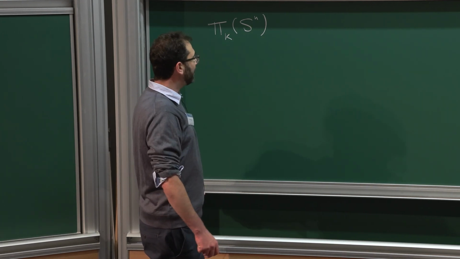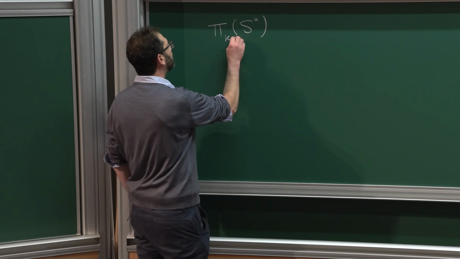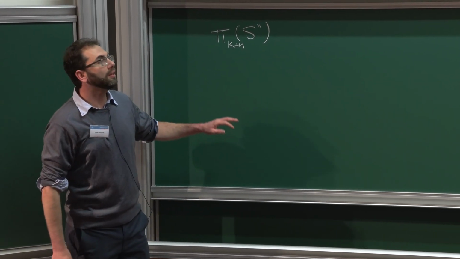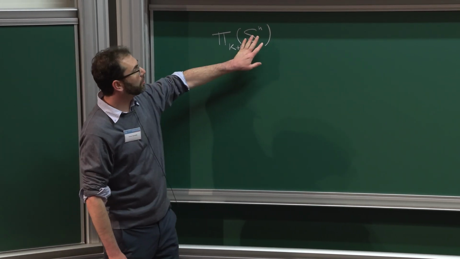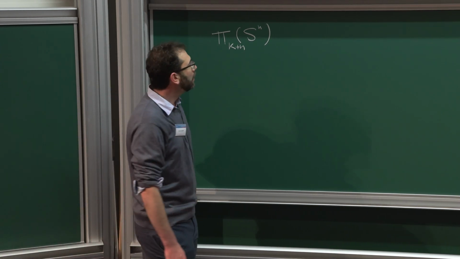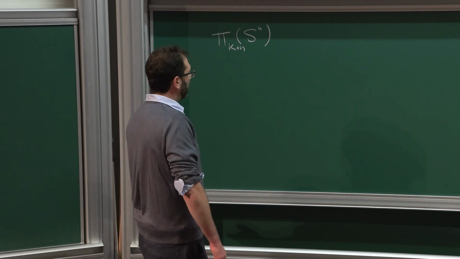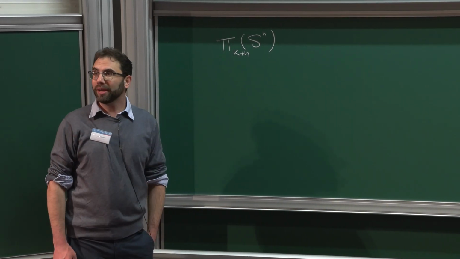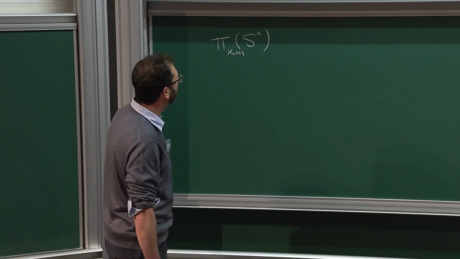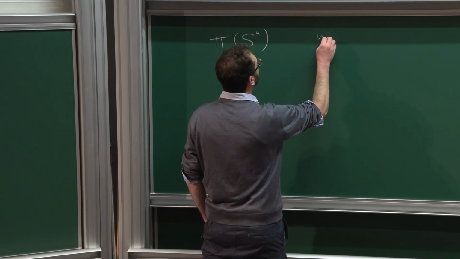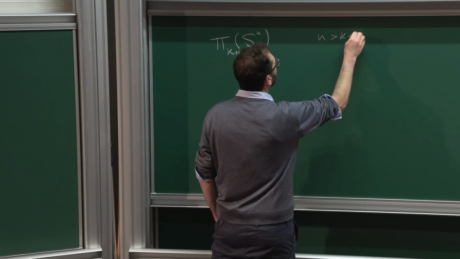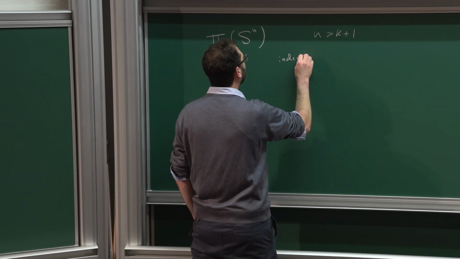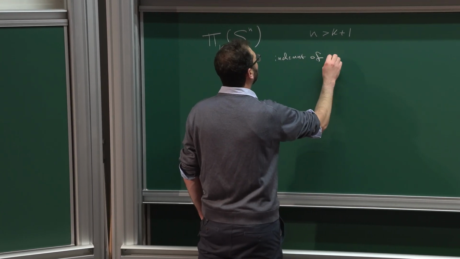So already maybe that suggests the following change of coordinates, a definitely harmless change of coordinates. Let me consider the k plus n homotopy group of S^n. We have here a two-parameter family of groups, but in fact, the fundamental suspension theorem tells us that when n is bigger than k plus 1, this thing stabilizes, so it becomes independent of n.